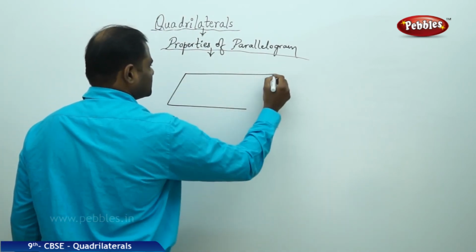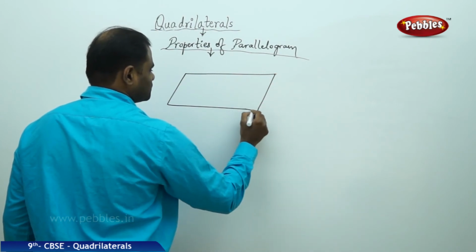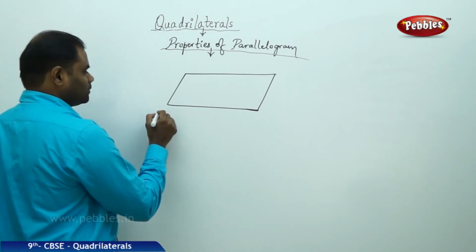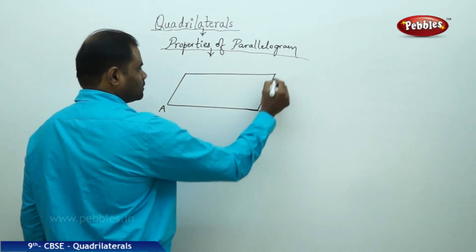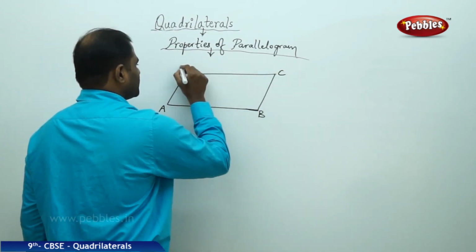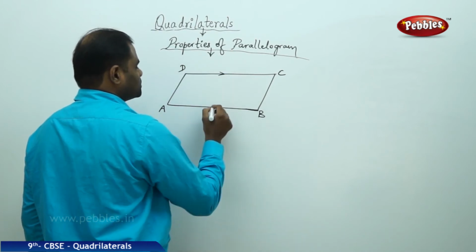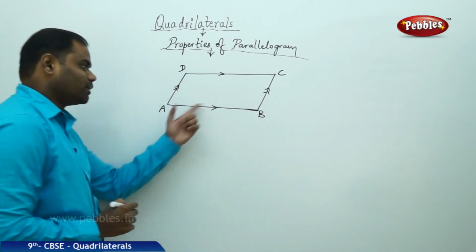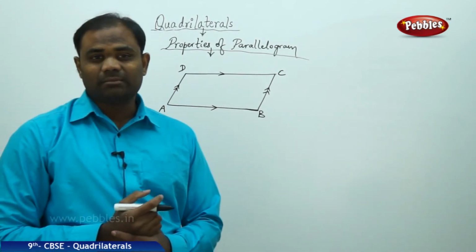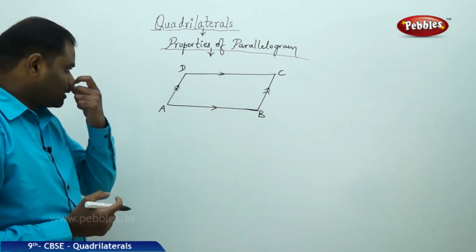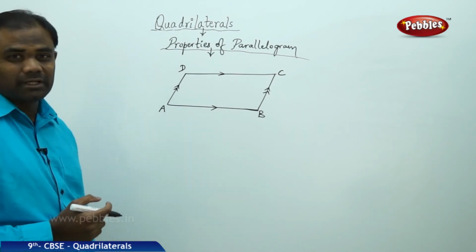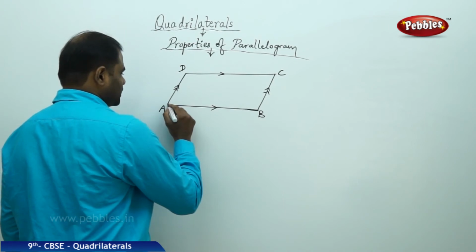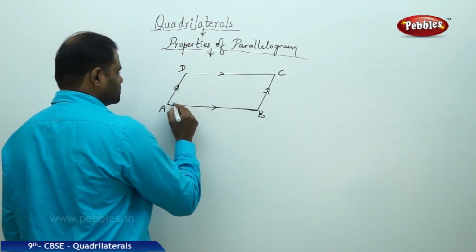We know that this is the shape of a parallelogram A, B, C and D, in which opposite sides are parallel, is how we understand a parallelogram ABCD. Now, the property which connects the parallelogram is with the diagonal. So imagine I connect the diagonal AC.